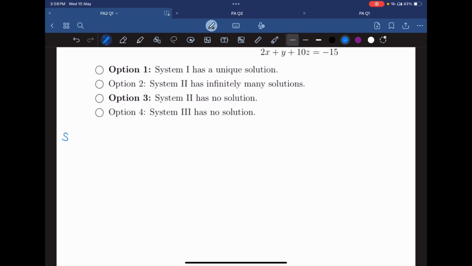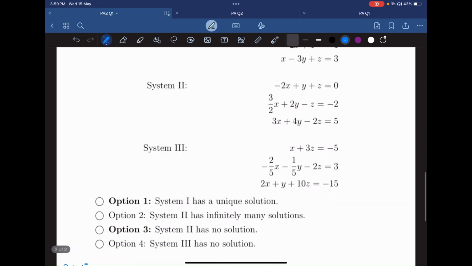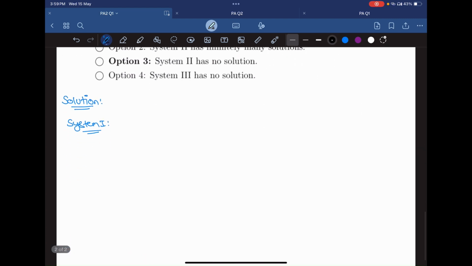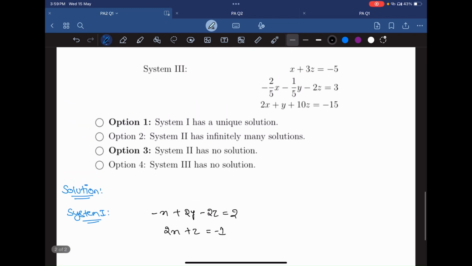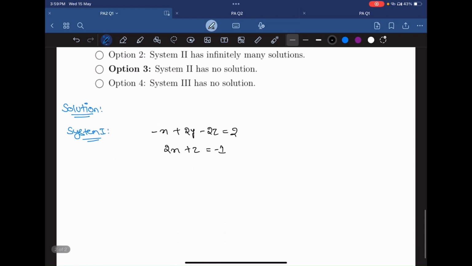System 1. For system 1 we have minus x plus 2y minus 2z is equal to 2, x plus z equal to minus 1, and x minus 3y plus z is equal to 3.